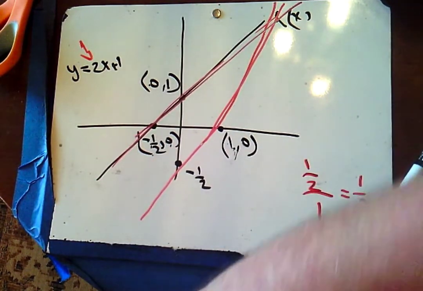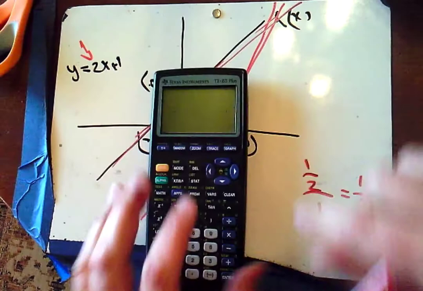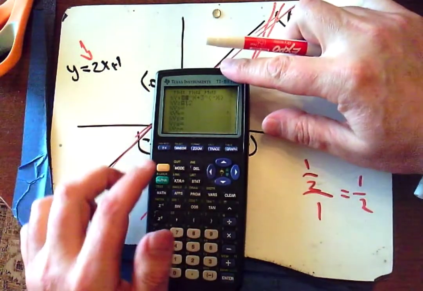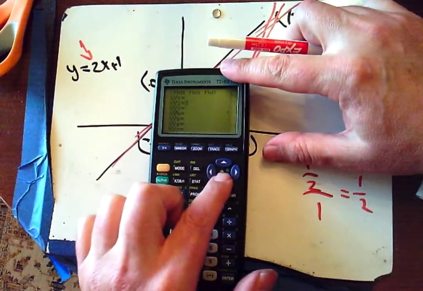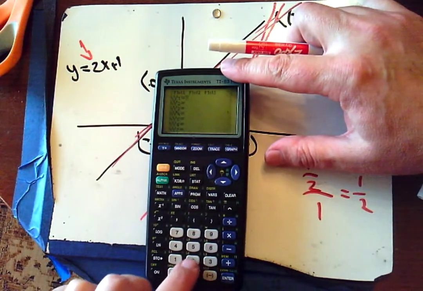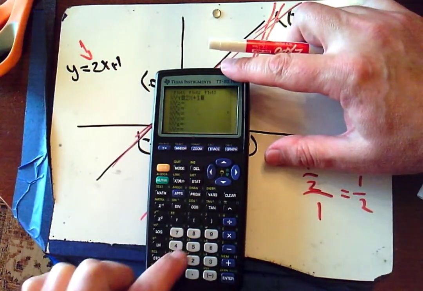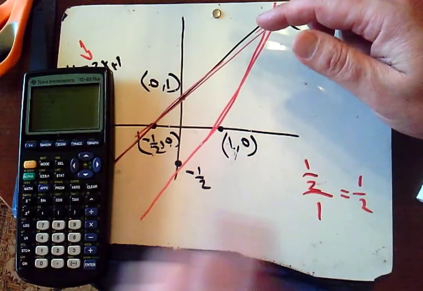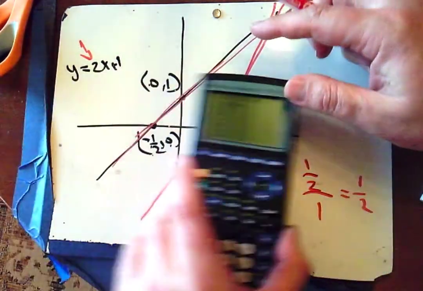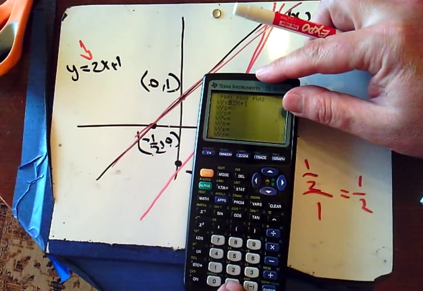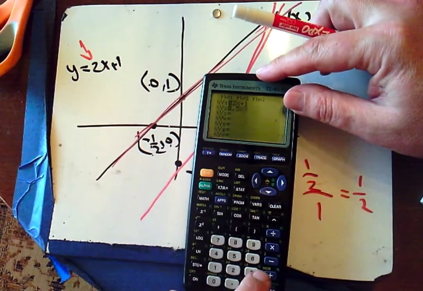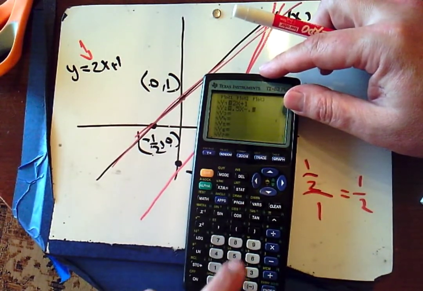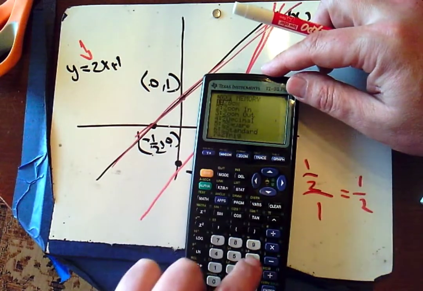In fact, let's pull out our calculator and graph that for a second. I want to graph y equals 2x plus 1, and y equals 1/2 x minus 1/2, and zoom standard window.